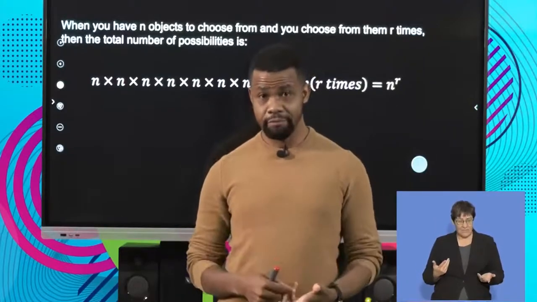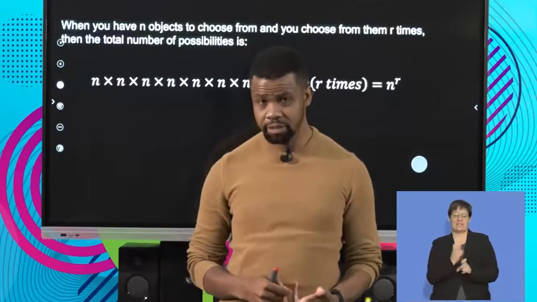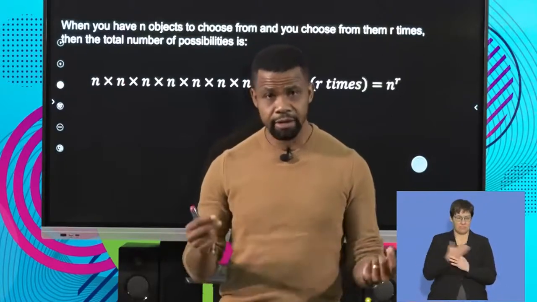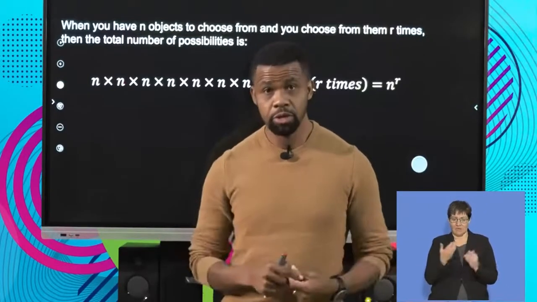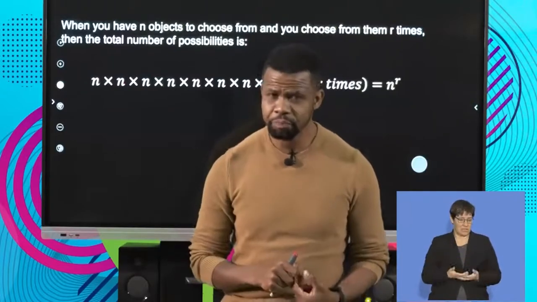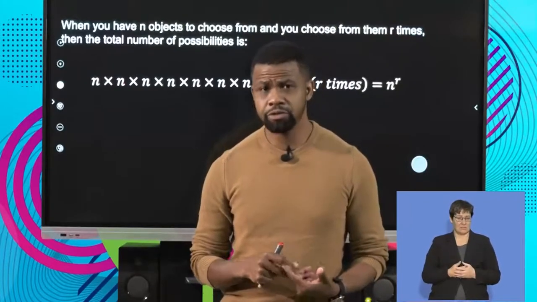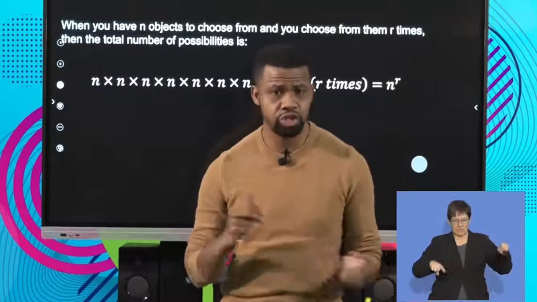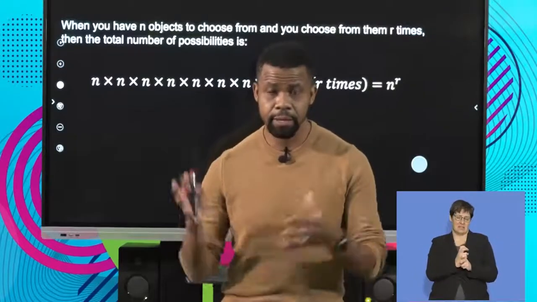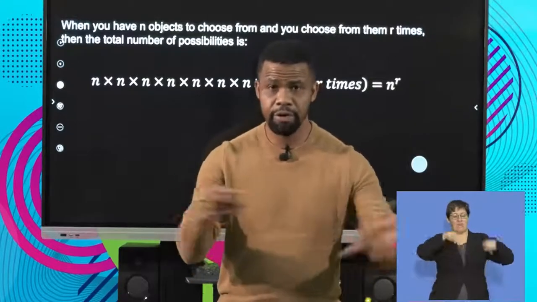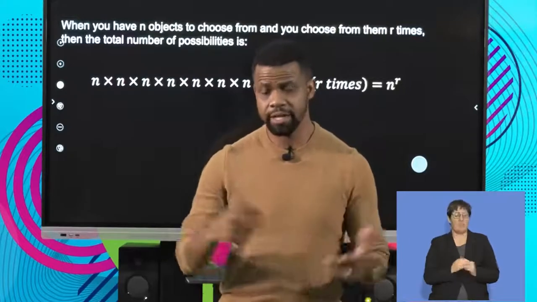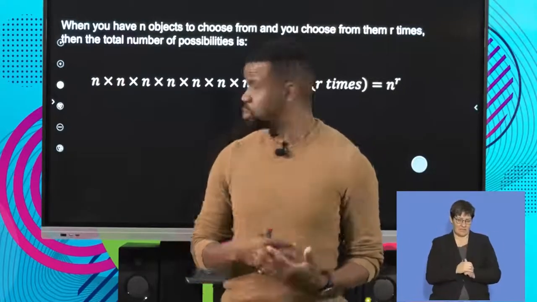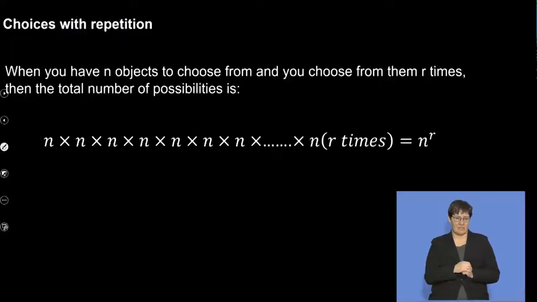How do you make that password difficult to crack or for someone to unlock your cell phone? So if I use different digits, it'll make it difficult and probably include some letters. It'll make it even more difficult. Okay. So what we're going to do here is count with repetition.